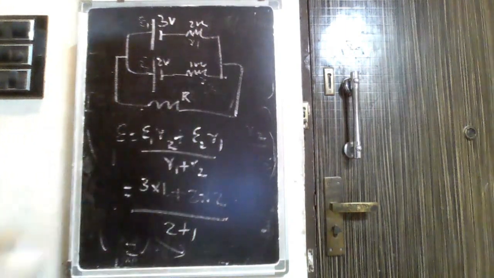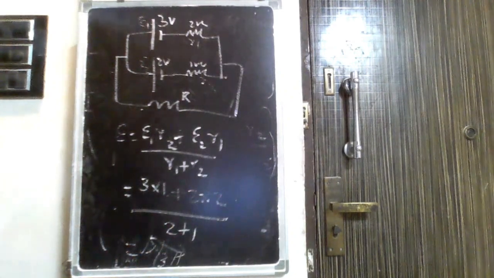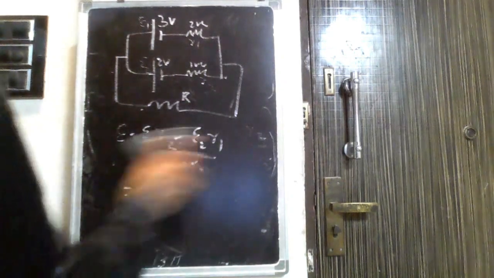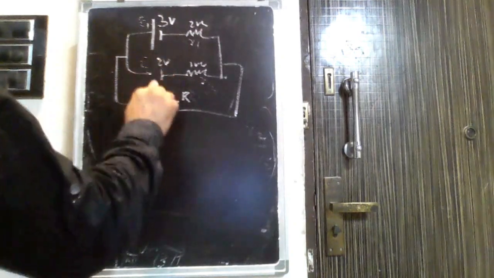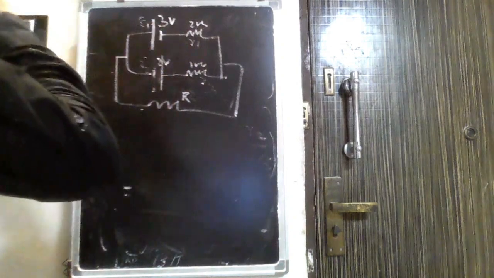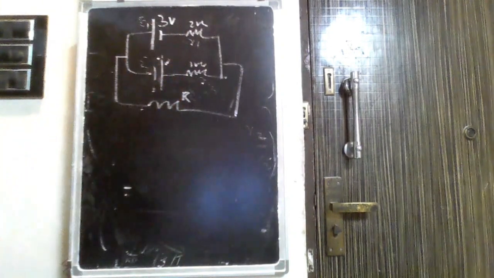So this is going to give you 3 plus 2, 5 by 3. So it's very simple that you can find the value easily, but be careful about one thing. This should be the same direction. If it's going to be different, then E1 minus R2 will come into picture. So you got to be very careful about the diagram, otherwise you will get completely mixed up.